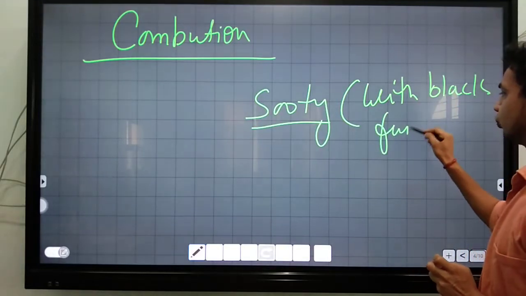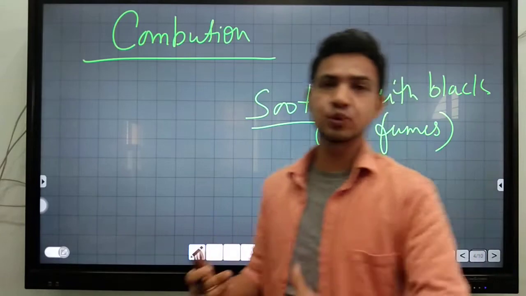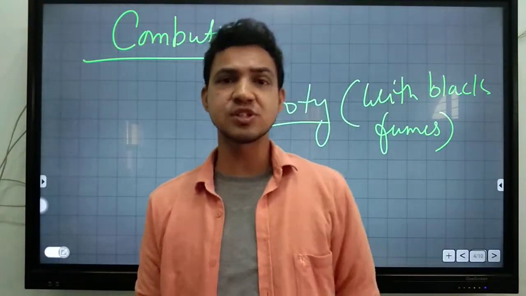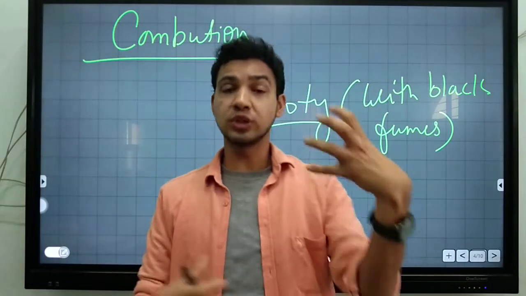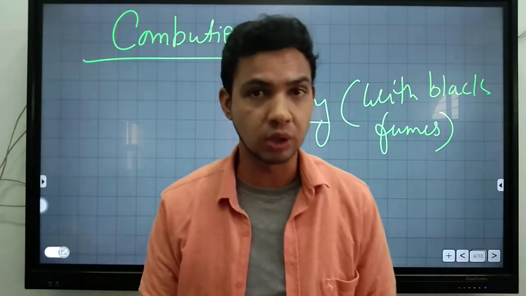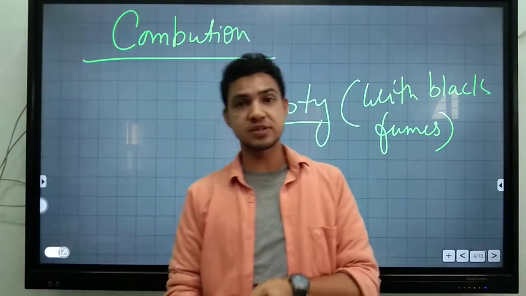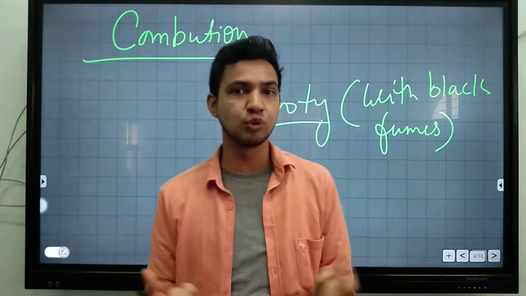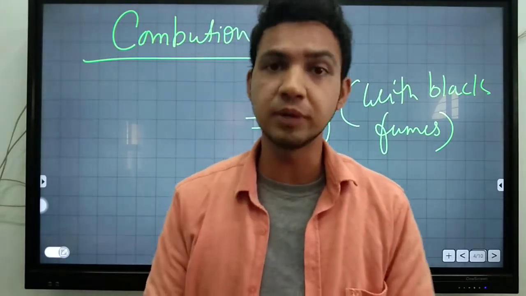Quite a lot of substances, when they burn, do not produce black smoke, and some substances, when they start burning, burn by producing a black color sooty flame, like petrol. When petrol starts burning, it liberates a large amount of black color fumes, causing environmental pollution.